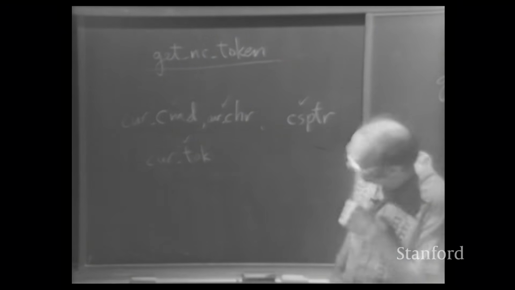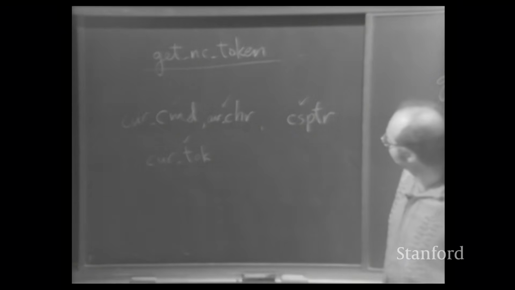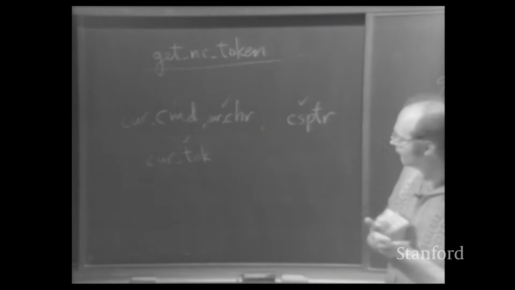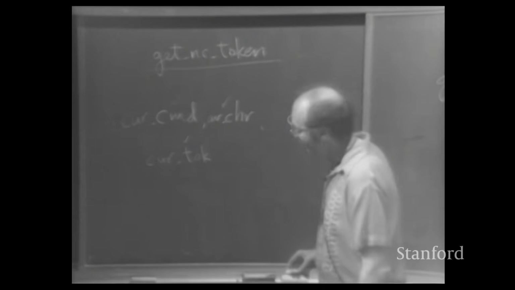Get NC token will also expand not only macros, but it will expand marks like top mark or something like that if you want to, because they're somewhat analogous to macros.